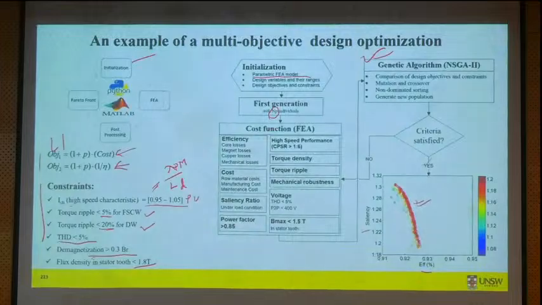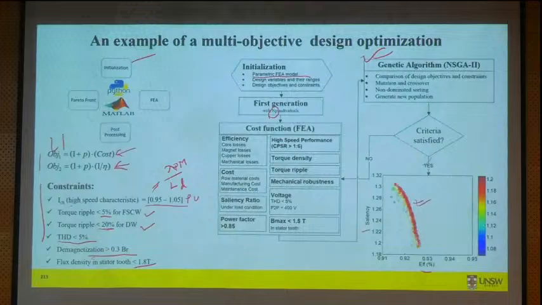We also have a figure like this for cost and efficiency. Okay, we have many such Pareto fronts for different criteria. So this one was showing saliency and efficiency, and we want higher saliency so that we can get more reluctance torque, and obviously we want high efficiency, right? So the designs that are in this direction are good.